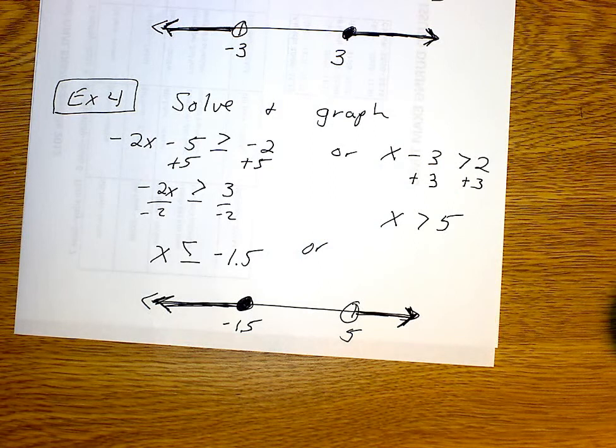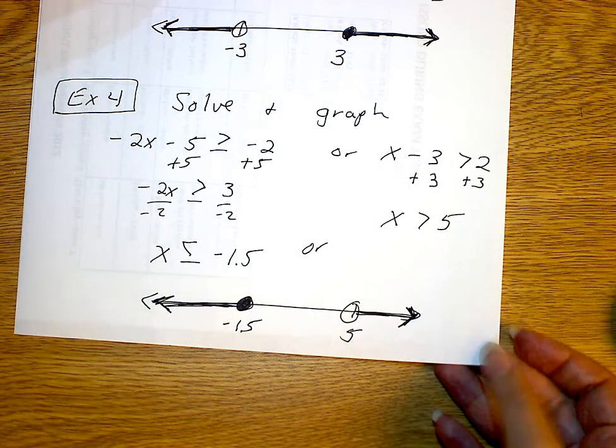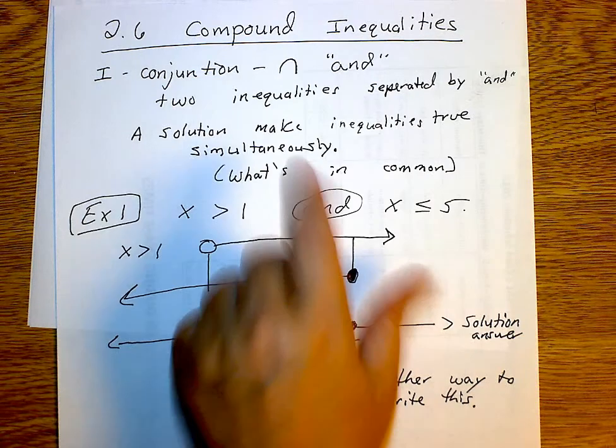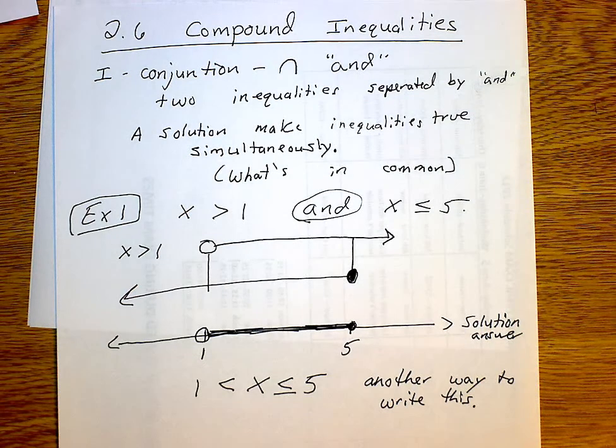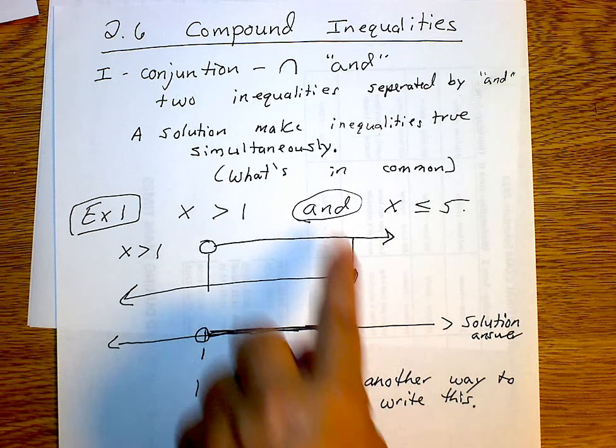Now, one thing when you're doing your homework, make sure you look for no solutions. When would you have no solution for the word and? When they don't have anything in common. So if there's nothing in common, it's no solution.